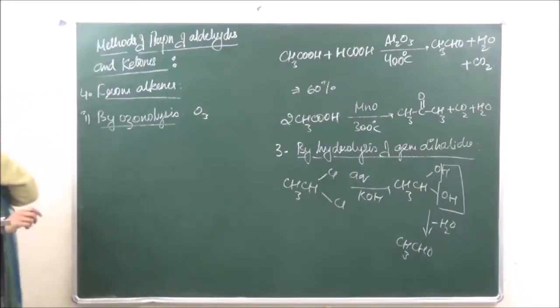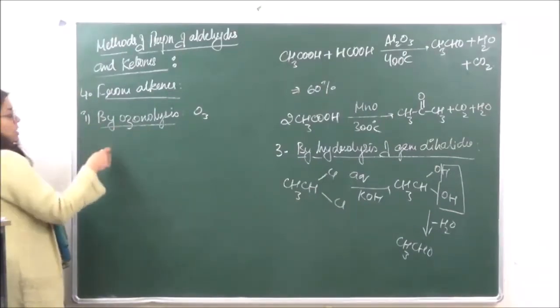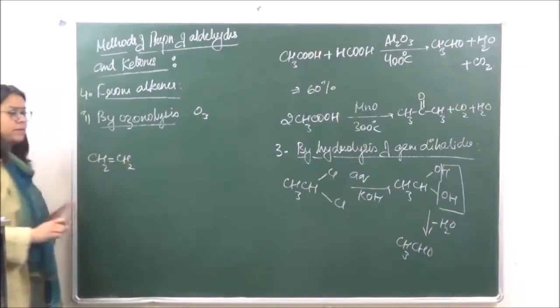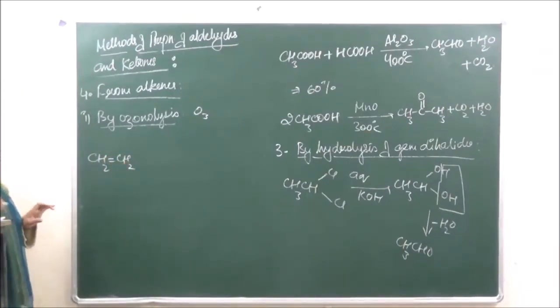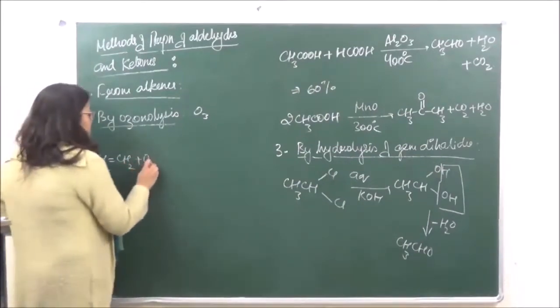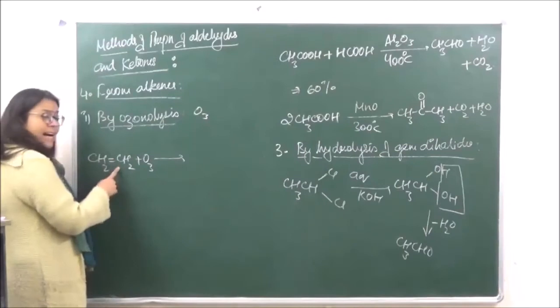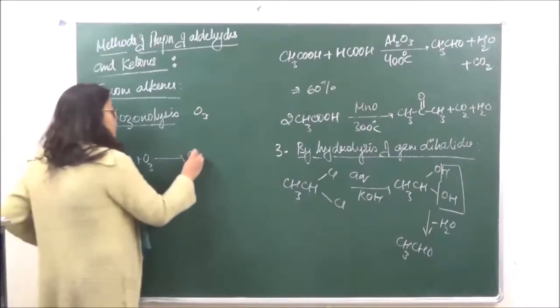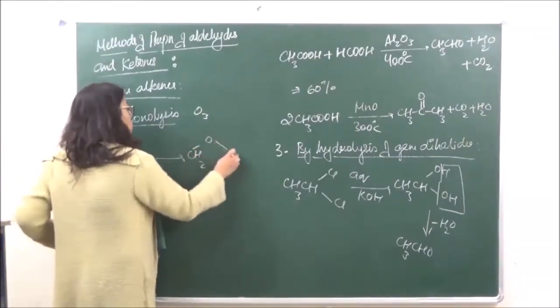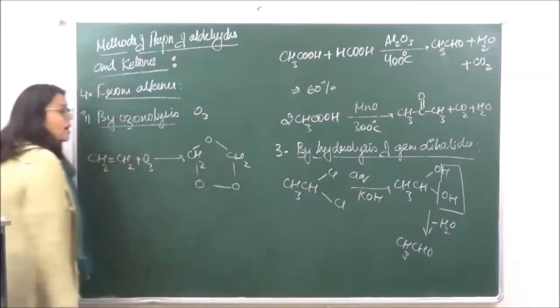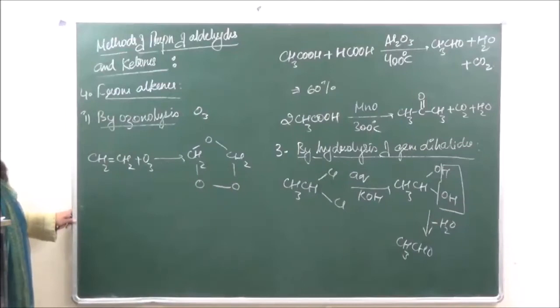Let's just see the mechanism of this reaction by taking a very simple alkene, the first member of the homologous series. So if we are adding ozone, oxygens will add around the double bond. So we have over here CH2O. This is how the oxygens are going to attack.